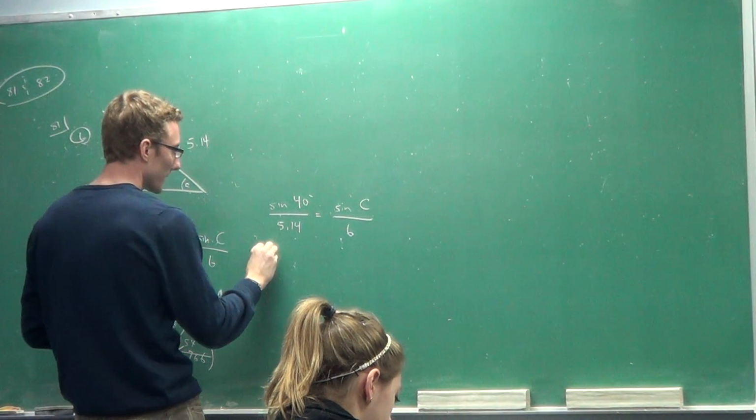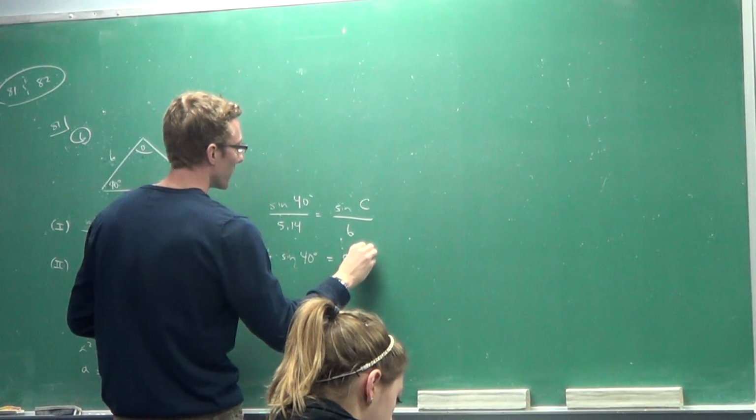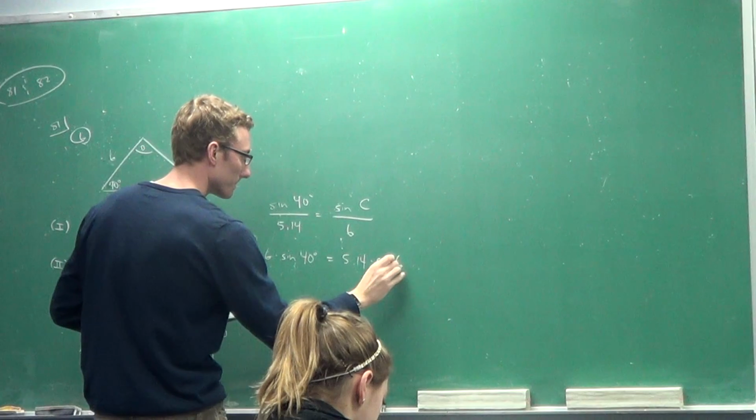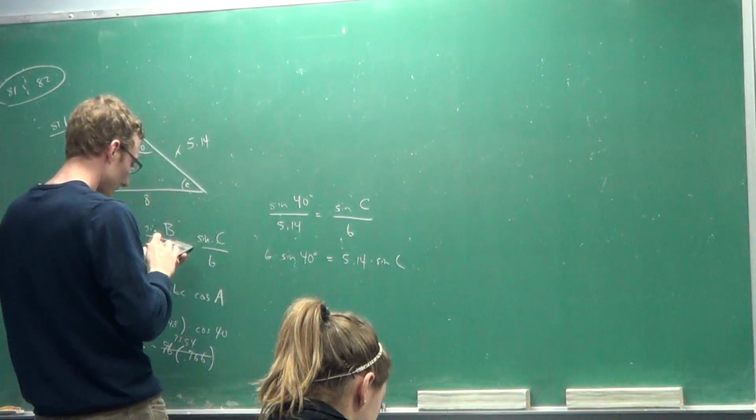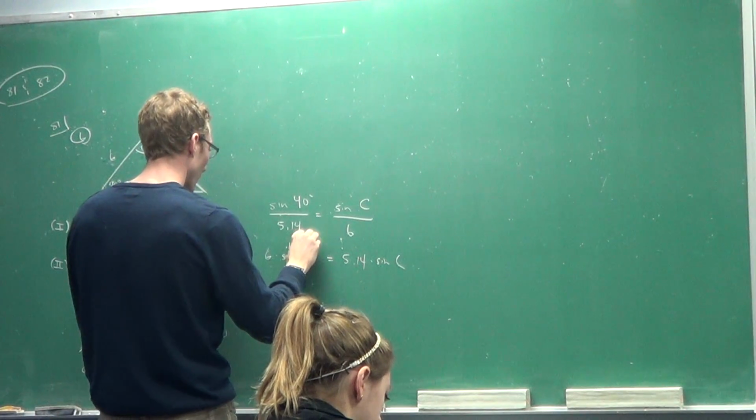So we cross multiply here, we get 6 times the sine of 40 equals 5.14 times the sine of C. And the sine of 40 is 0.643.